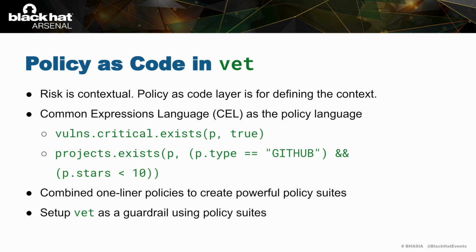In the second example, let's look at how we can define a policy in VET to look for unpopular packages. Here we are checking if there exists a package whose project belongs to GitHub, or is hosted in GitHub, and it has less than 10 stars.